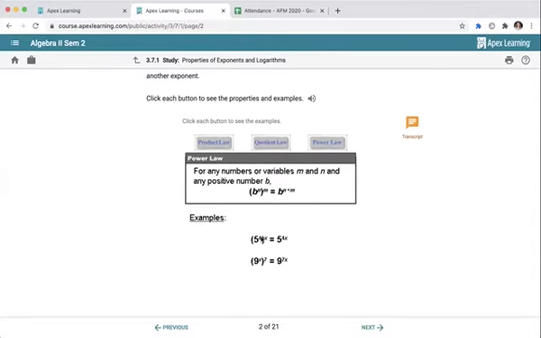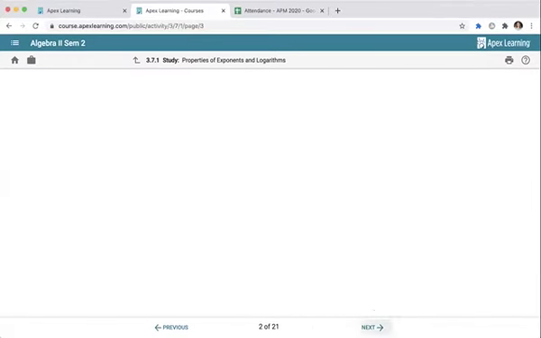So this is 5 to the power of 4, and this quantity is raised to the power of x, so that's going to be 5 to the power of 4x. Same thing the other way: 9 to the power of x, that quantity to the power of 7. We now have 7x here.